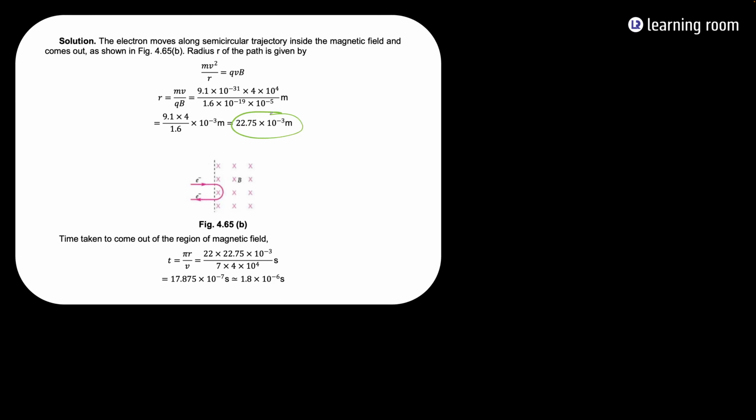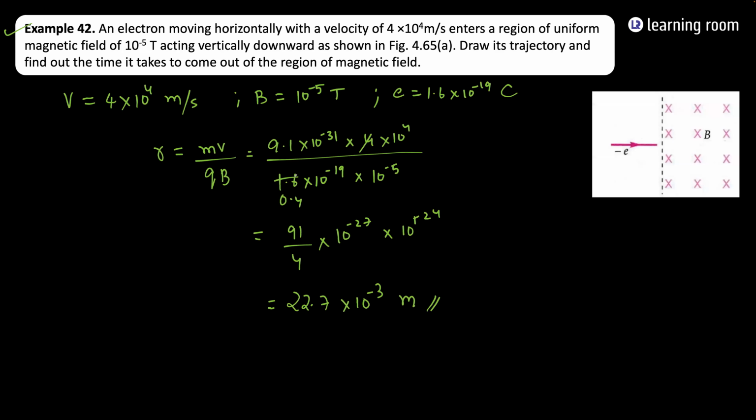Now if you observe the trajectory of the particle, it will be like this. It will enter, take a turn, and then come back, because it will not be able to complete a full circle. In the question itself they have asked what is the time it takes to come out.